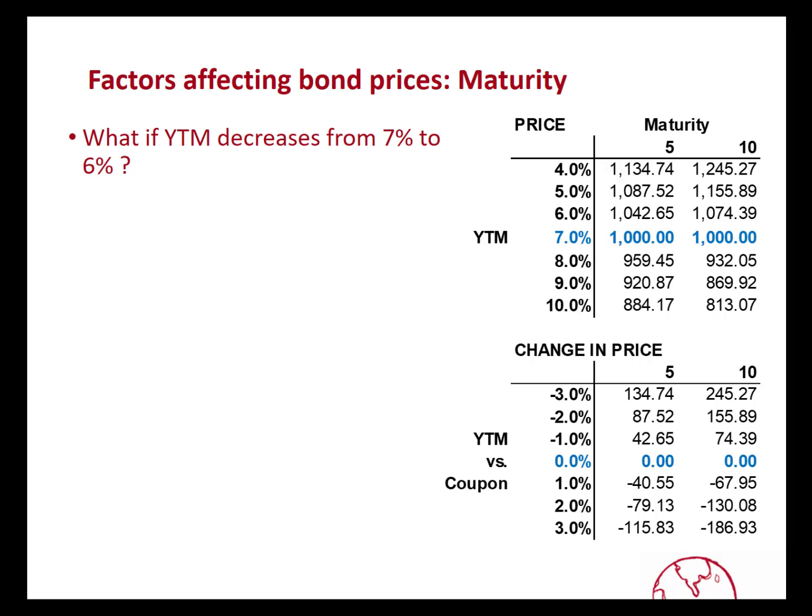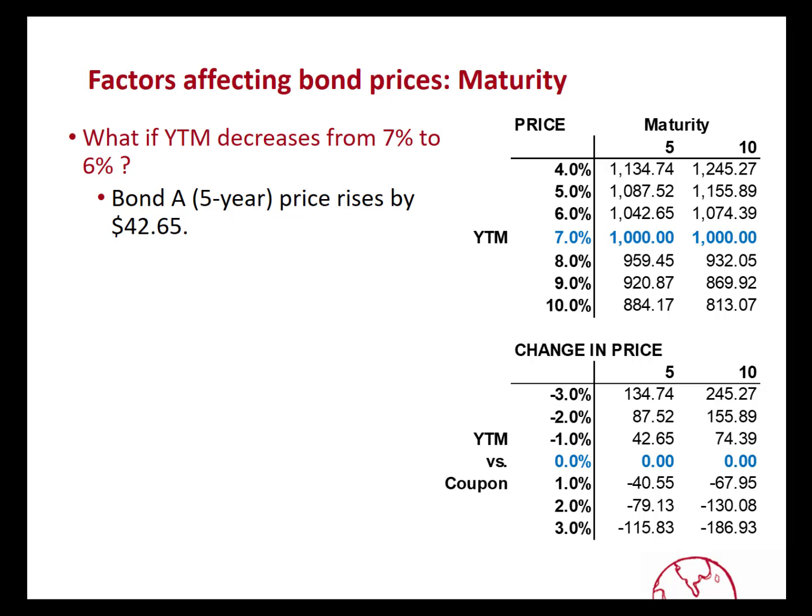On the right, the top is showing you the price at different yields to maturity for the bond with 5-year maturity on the left and the bond with the 10-year maturity on the right. And below, I'm simply showing the change in yield to maturity versus the coupon and the corresponding change in the price relative to par value. So as you can see, bond A, if the yield to maturity decreases from 7 to 6%, its bond price goes up.